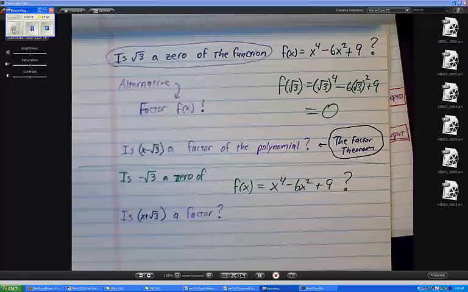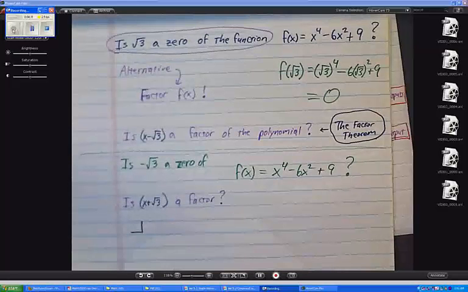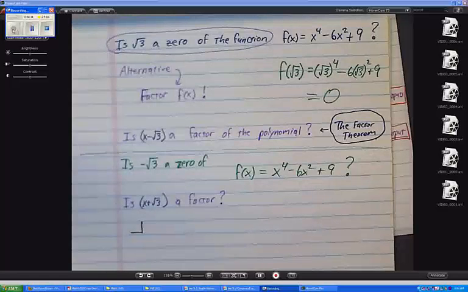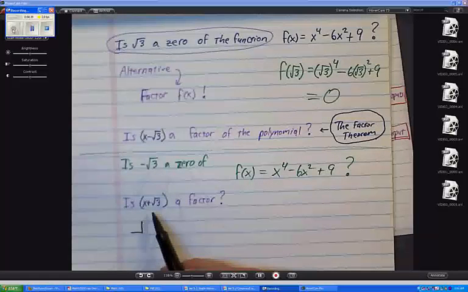So, let's check. I know we're going to get the answer, but let's practice anyways, because we want practice on this stuff. So I'm going to put what up here in the box? I'm going to put the thing that I think is a 0. I'm going to put the opposite of what the factor is. I'm going to put negative square root of 3. Sometimes students have a little trouble figuring out what goes up there.